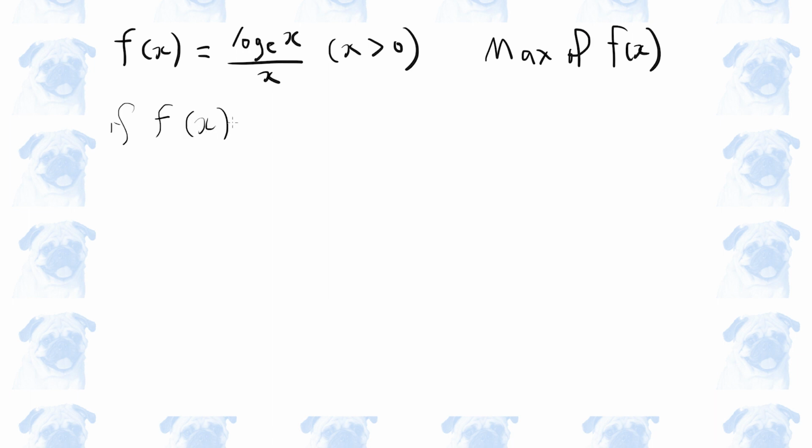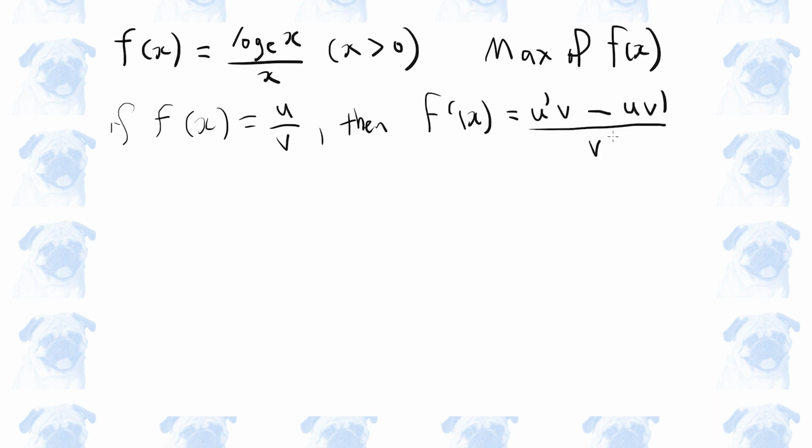If f of x is u over v, then f dash of x is u dash v minus u v dash over v squared.